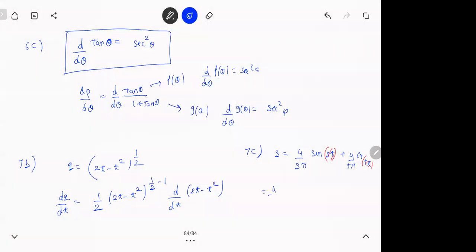So 4 by 3 pi sine becomes cos, and whatever is inside you have to differentiate again, 3t, so 3 comes out. This would be 4 by 5 pi, cos's differential is minus sine 5t, and again you differentiate that 5t. Because it is not sin x and cos x, you have to differentiate whatever is inside also. Now do that thing, you will get it from there. Clear, Mansi? Yes, sir. Okay.